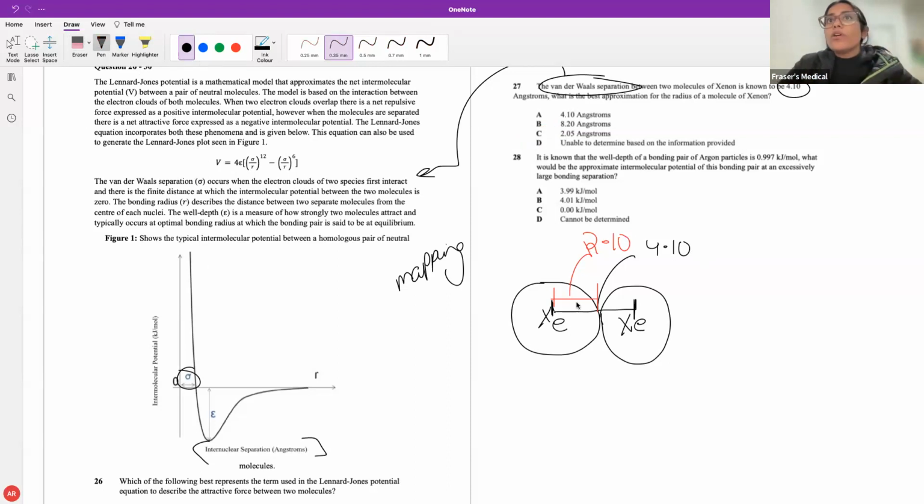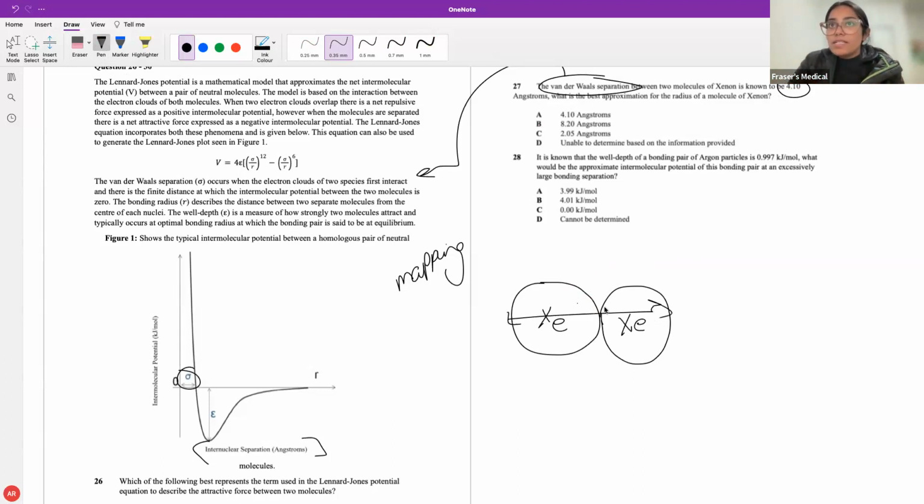We know that the van der Waals separation, which is essentially when these two xenon atoms interact, when the electron clouds touch, is 4.10. So the radius of one atom is not going to be 4.10, it should be much less, because the separation between the two atoms when they first interact is 4.10.